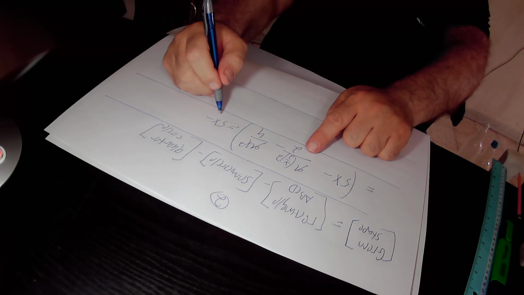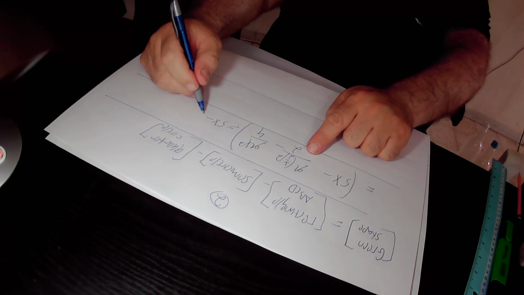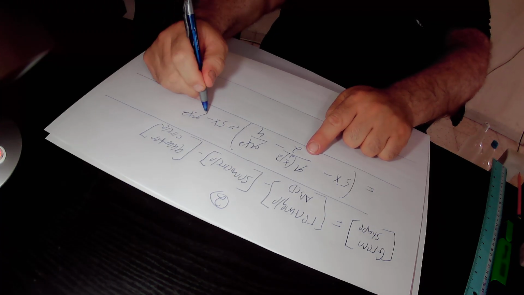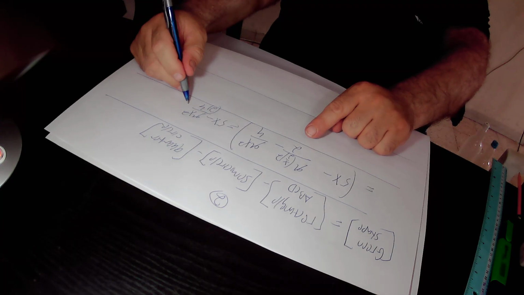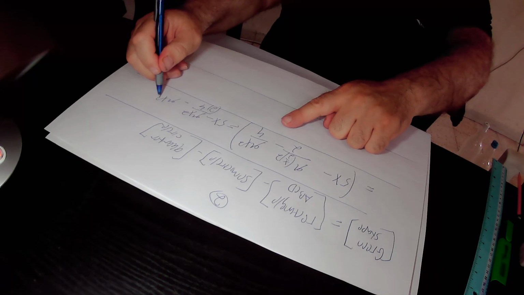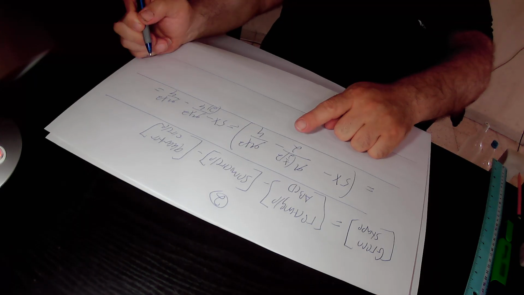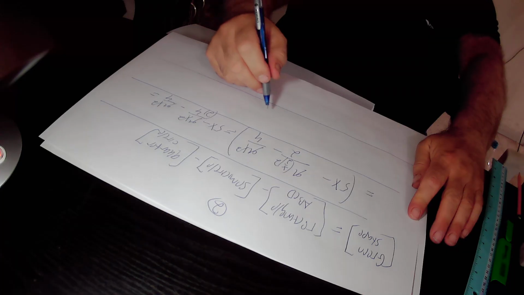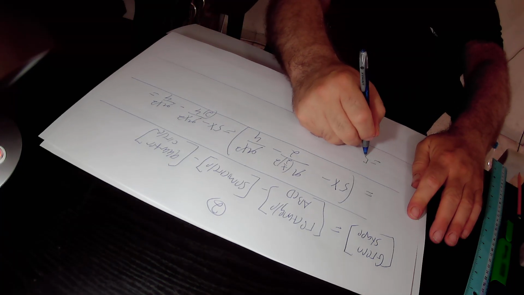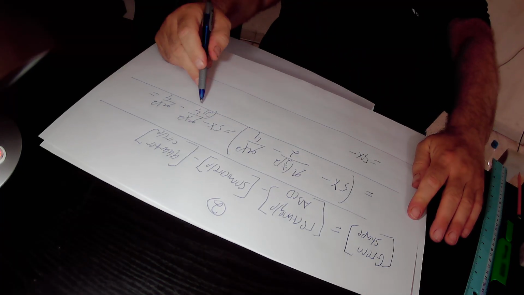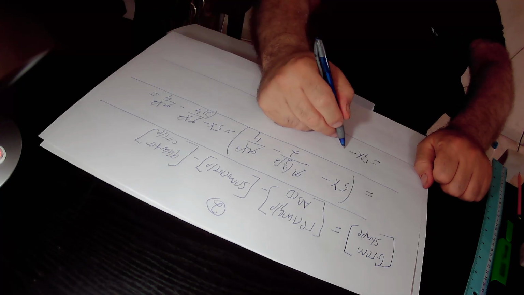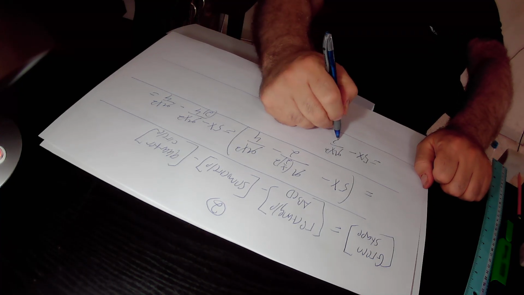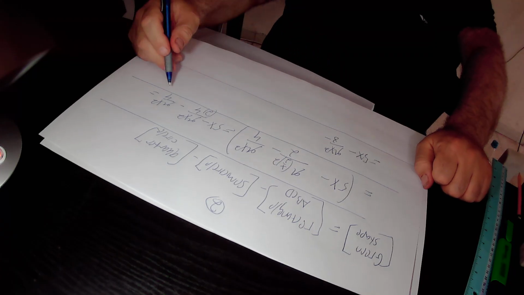So in total, this expression will be equal to minus pi x squared over 4 multiplied by 2, which is minus pi x squared over 8, minus pi x squared over 4.